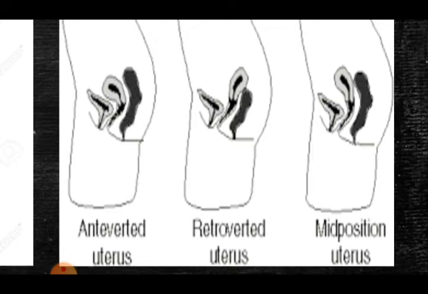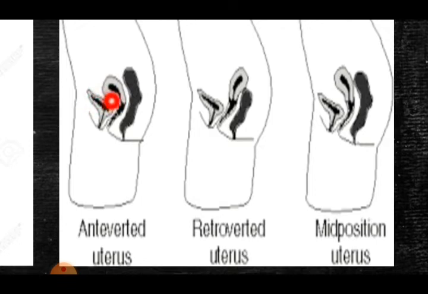The first angle is between the vagina and the cervix, and we call it anteversion, and the other angle is between the cervix and the uterus, and we call it anteflexion. So the normal position of the uterus will be an anteverted, anteflexed uterus, and it will point towards the bladder, or towards the anterior abdominal wall.